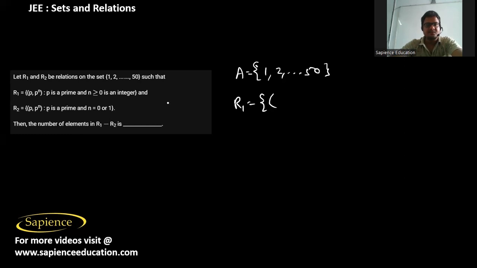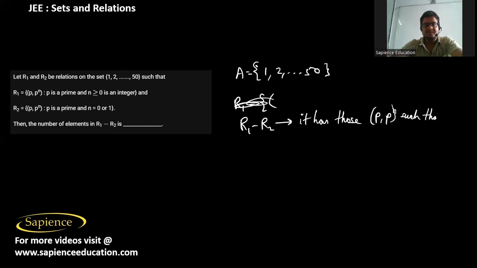And R1 minus R2 is. So R1 minus R2 has those elements (P, P^n) such that P is a prime and n is greater than or equal to 2 and n is an integer, since n should not be 0 or 1.